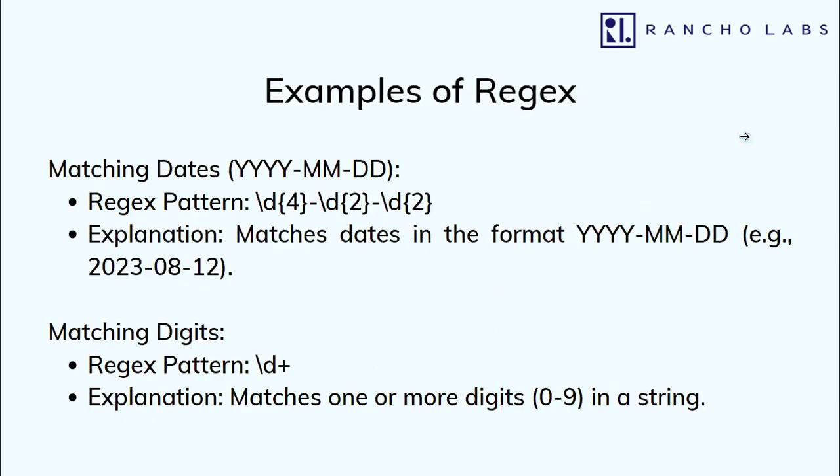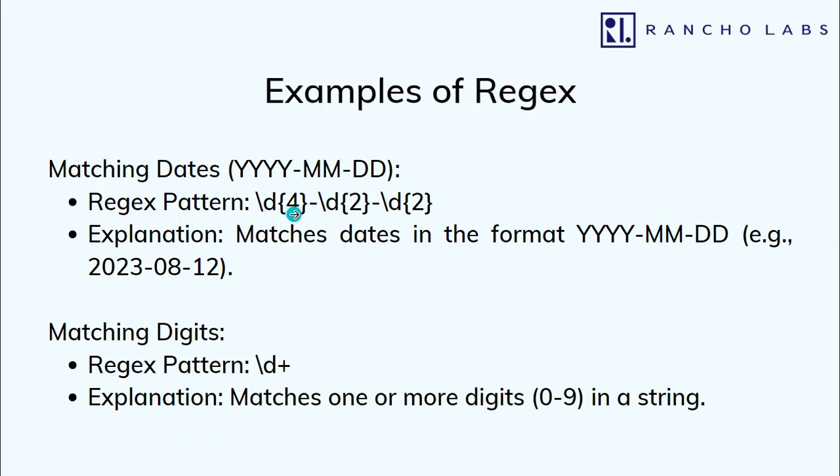How to write the patterns for formats? The first one is for dates. If you want a date with year, month and day, this is the regex pattern. \d refers to a digit.